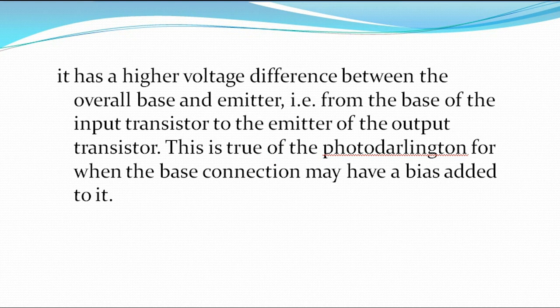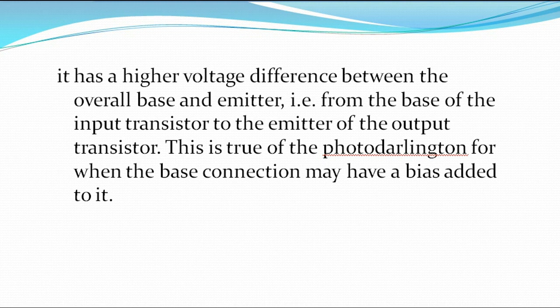It has a high voltage difference between the overall base and collector, that is from the base of the input transistor to the emitter of the output transistor. This is true of the photo-Darlington for when the base connection may have a bias added to it.